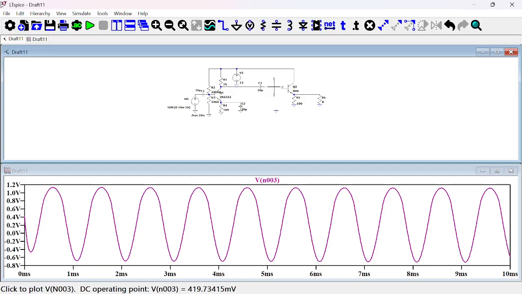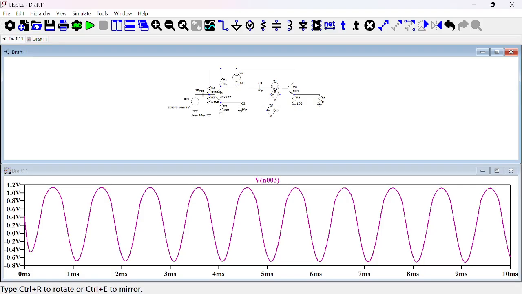The operating point voltage is 419, so let me just raise it up by 0.25 volts and see if this works. I can easily use a biasing technique to obtain that.